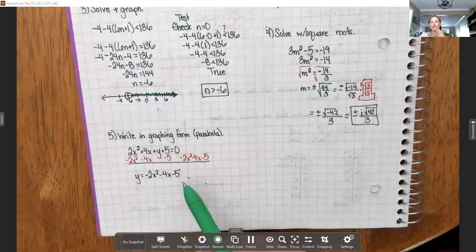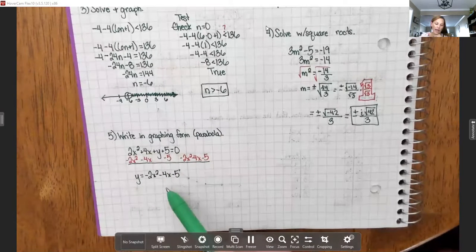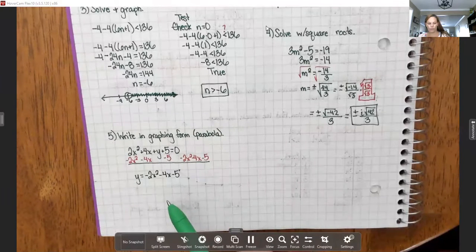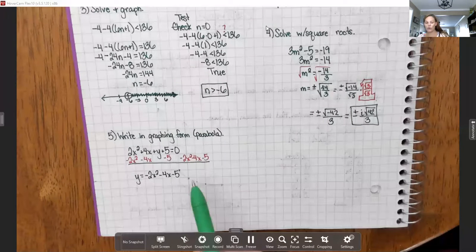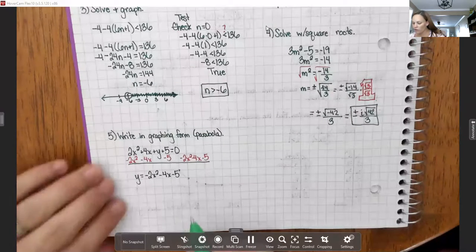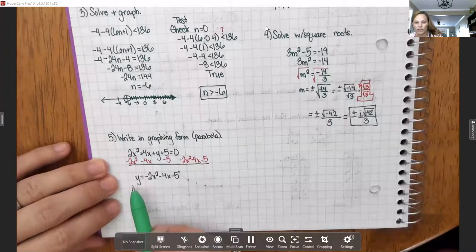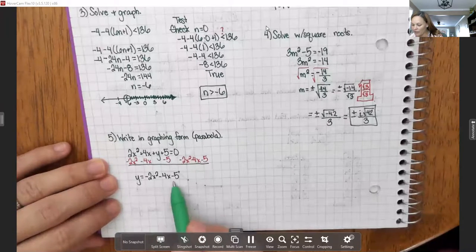Again, this isn't graphing form. Graphing form is going to have our a, h, and k in it. So we still have to do some things here. In order to do this problem, we have to complete the square. So what you want to do first to complete the square is you want to get the x's alone.